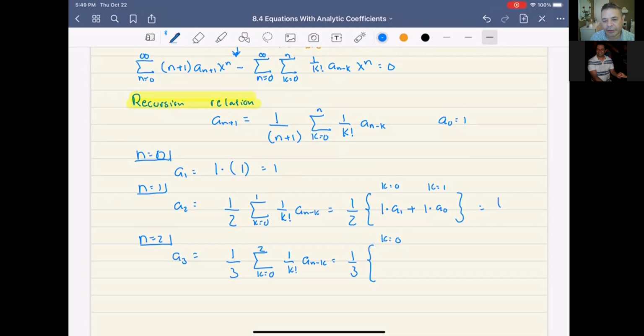K equals 0 is going to be a sub 2, plus k equals 1 is going to be 1 times a sub 1, and k equals 2 is going to be 1 over 2 factorial, a sub 0.